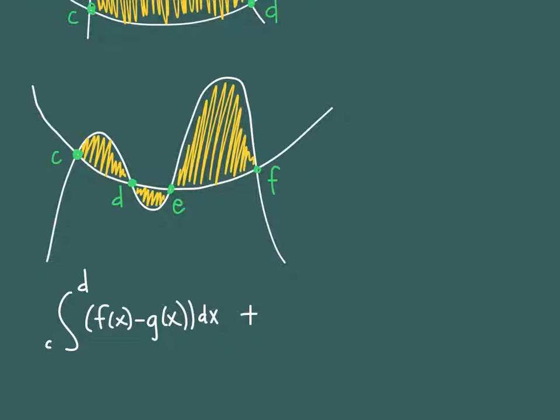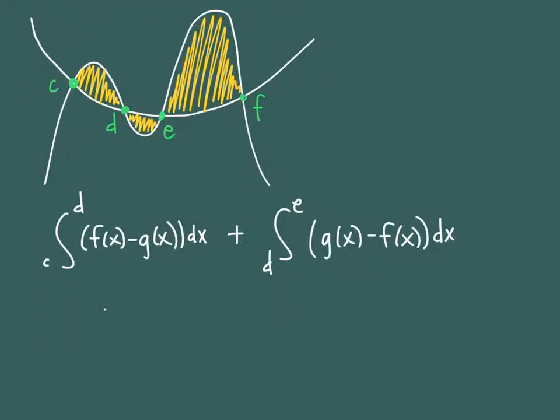Then you'll add a second integral, which starts at D and goes to E, but you're going to switch the order because the upper boundary of that little center piece is now the parabola, so g of x comes first, minus f of x, dx. Then you'd have a third integral from E to F, and it switches back. Now the f function is the lead function, or the upper boundary, and the g of x term comes second.